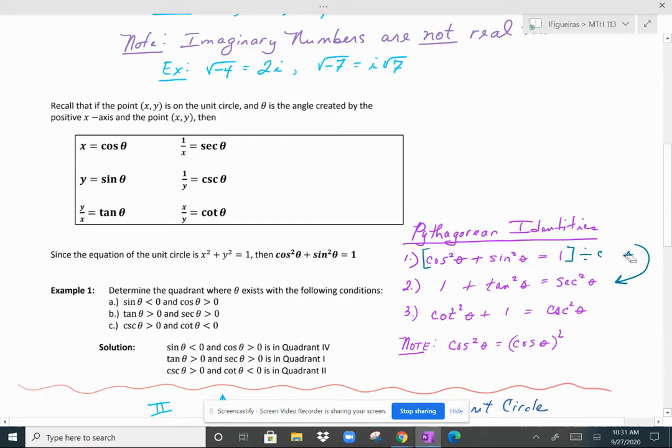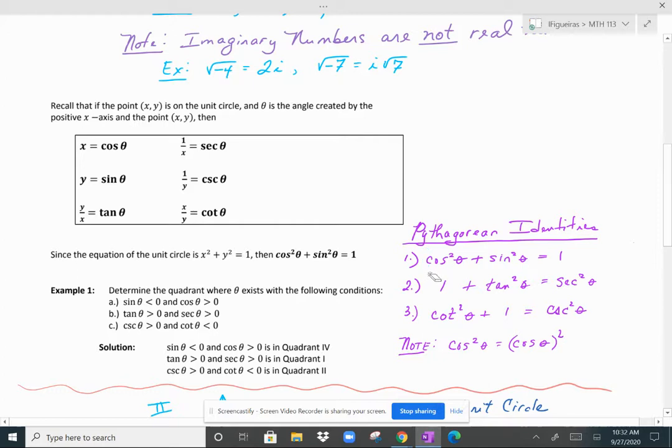And if you do something similar, but divide the whole thing by sine squared of theta, then you get your third identity. So divide left and right by sine squared, you'll get cotangent squared of theta plus 1 equals cosecant squared of theta.